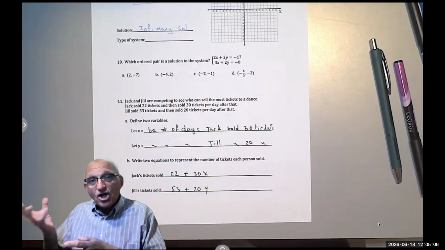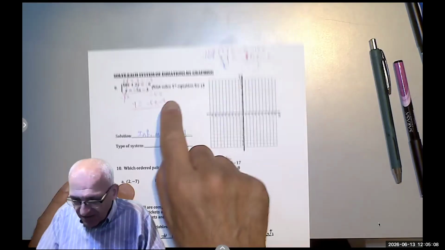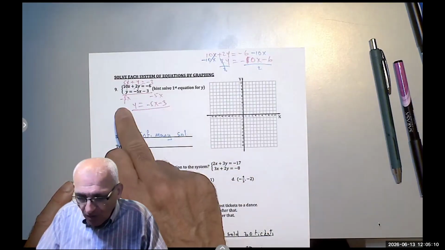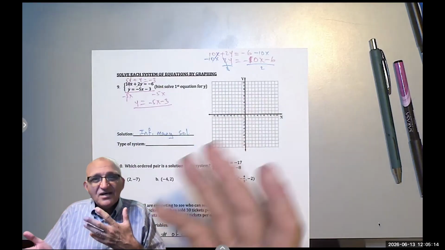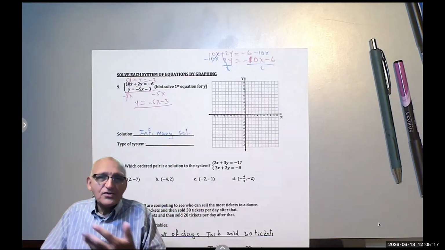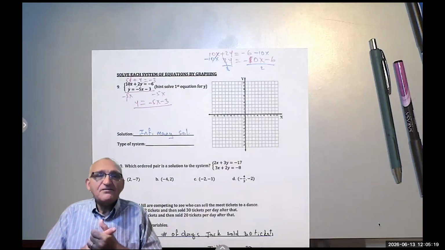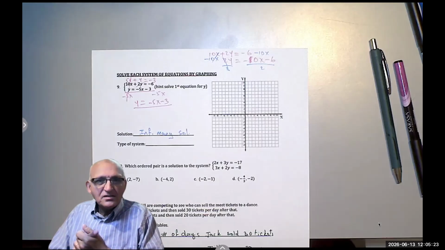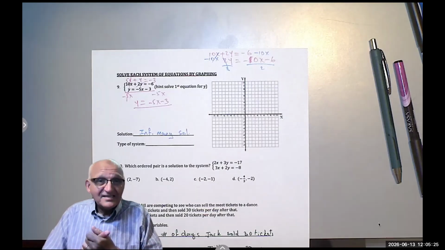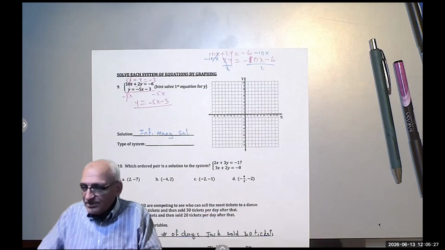So hopefully that clarified that you generally have two ways to plot. If you see that the constant number, which is the 3, is divisible by 1 and 5, you use that method. But negative 3 over 5 is negative 0.6. It's not easy to plot. So in that case, we use y equals mx plus b.